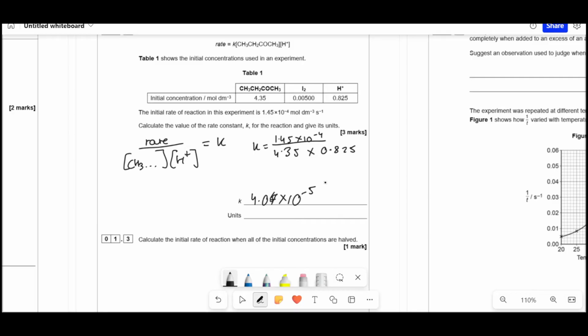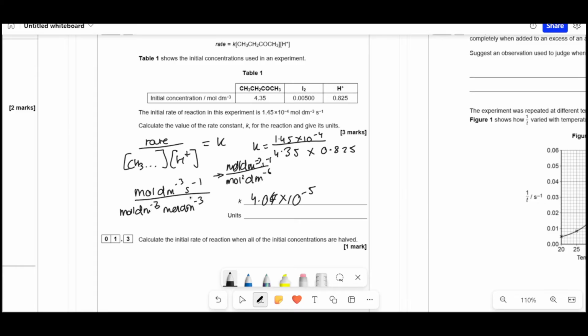We need to work out its units. If you look at the units, we're dealing with mol dm minus 3 s minus 1, and we're dividing by mol dm minus 3 twice. So if we rewrite that, that's going to be mol dm minus 3 s minus 1 over mol squared dm minus 6. When you multiply together like this, you're adding the indices.